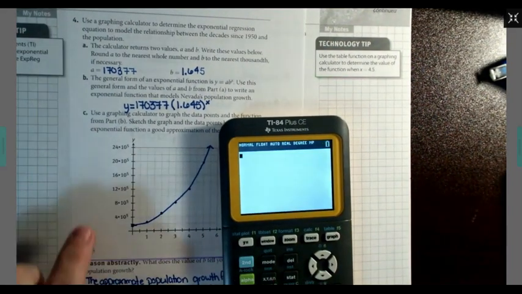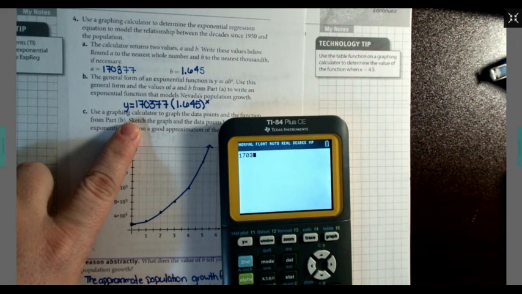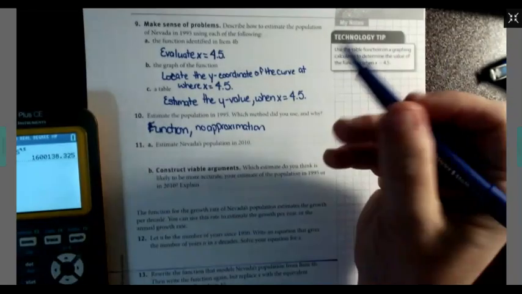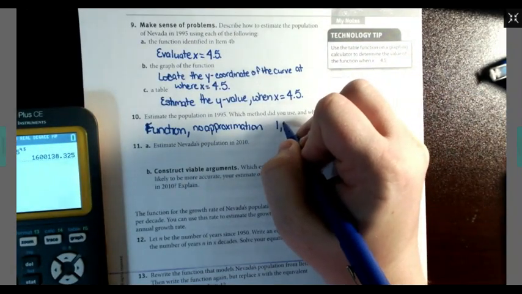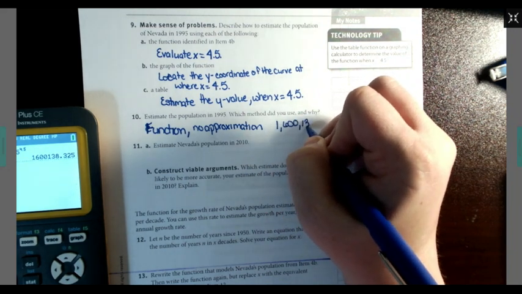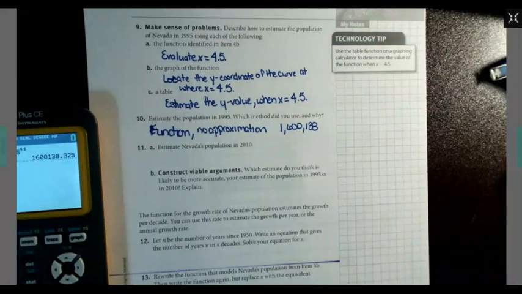So again, I'm going to do 170377 times 1.645 raised to the 4.5 power. And that is going to be 1,600,138 people. Now notice I rounded this to the nearest whole number because we are talking about population and I can't have partial people. That doesn't make sense to me.